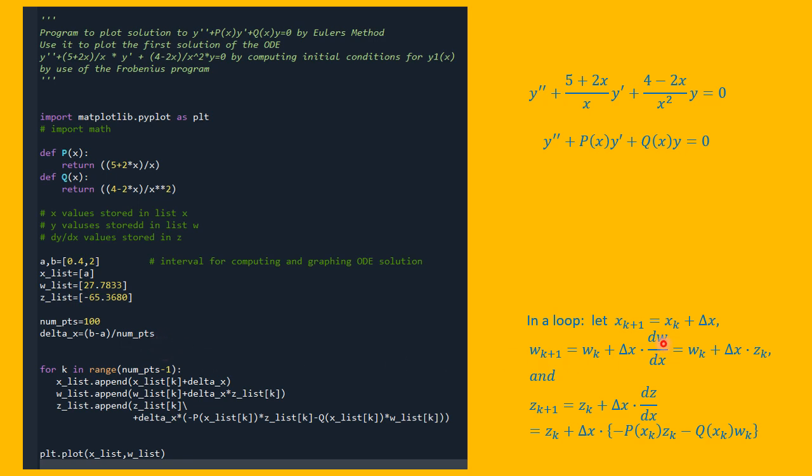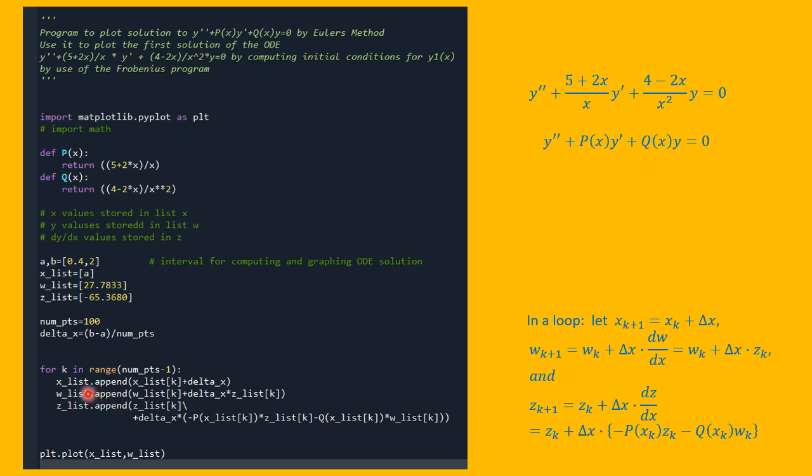And then, just as we saw earlier, we'll let x equal x plus delta x, but in this case x list dot append x list sub k plus delta x. So what happens is we take the kth value of x, we add delta x to it, and then we add it to the x list.